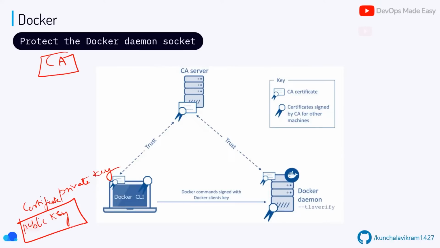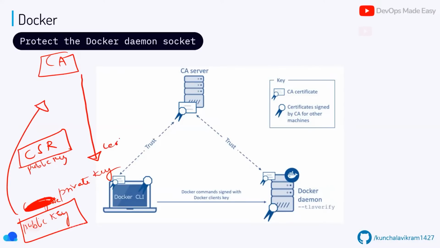Since we cannot issue the certificate ourselves, we are going to generate a CSR, a certificate signing request. That will have your public key information. The private key you should not share with anyone. So this CSR will have your public key, and you share it with your CA. The CA will sign it and give back the certificate. Now you will have a certificate and a private key.